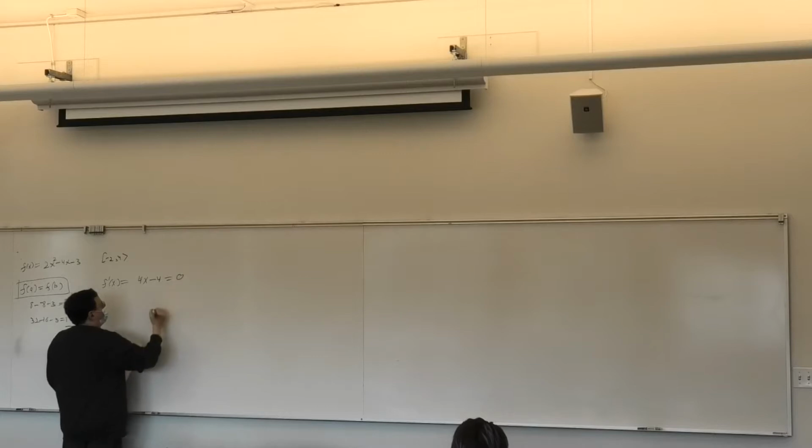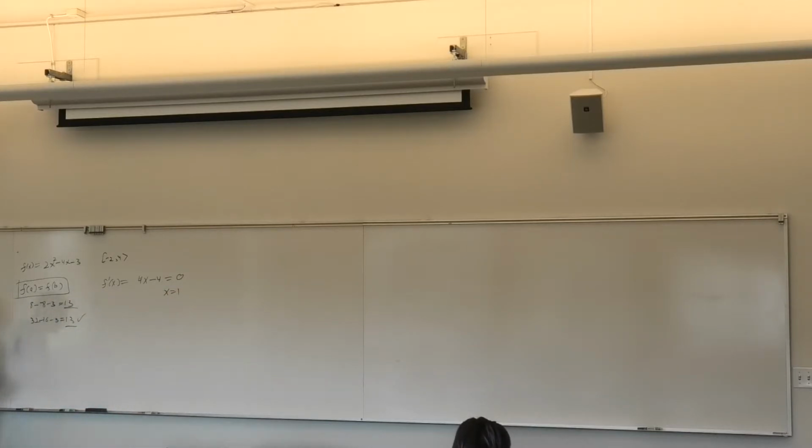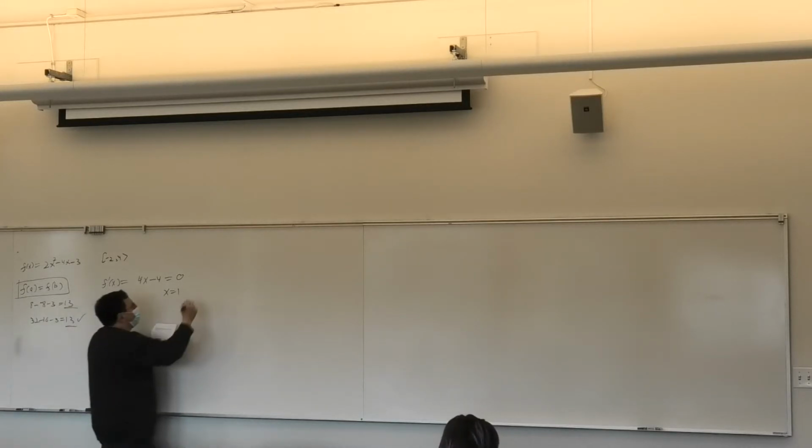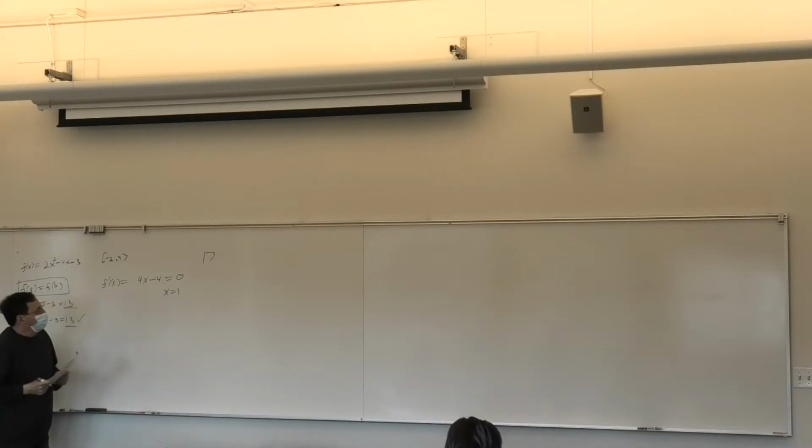Set that equal to 0, and we find out x equals 1. That's number 16. All right, number 17. I know we had plenty of practice with this in the homework, and I gave you the equation.